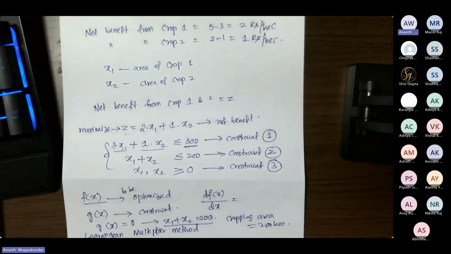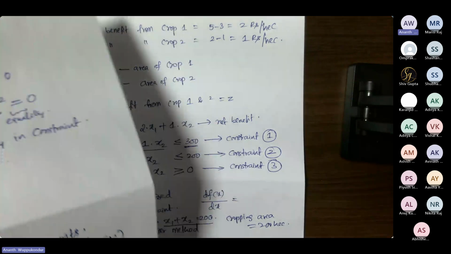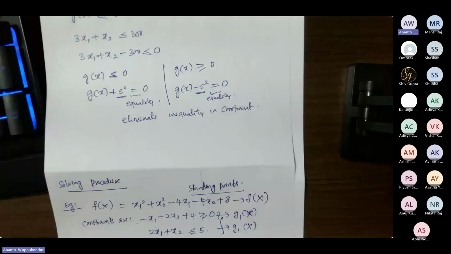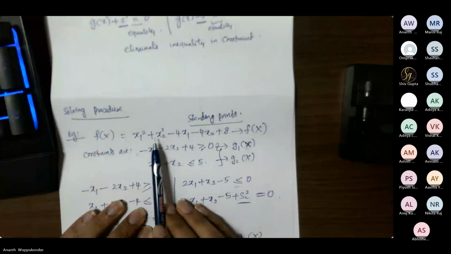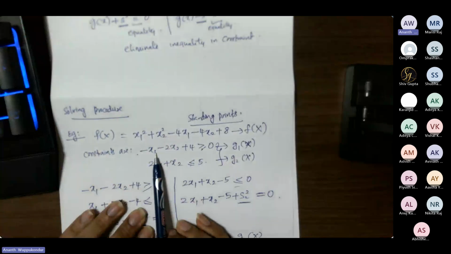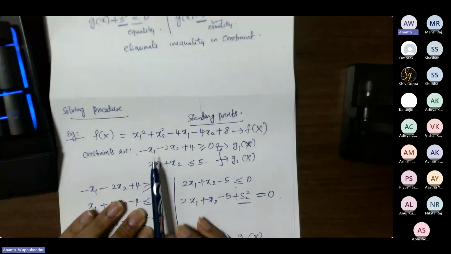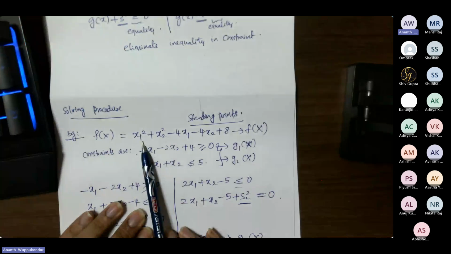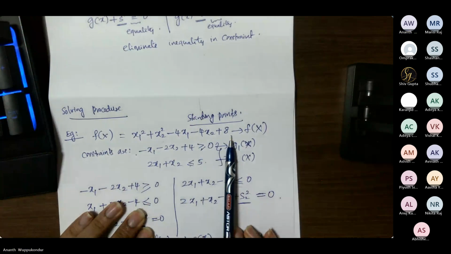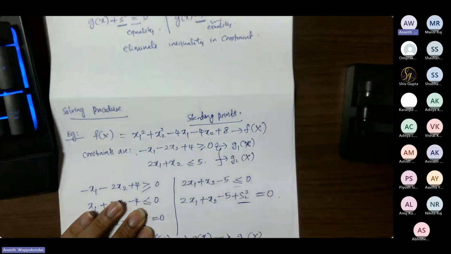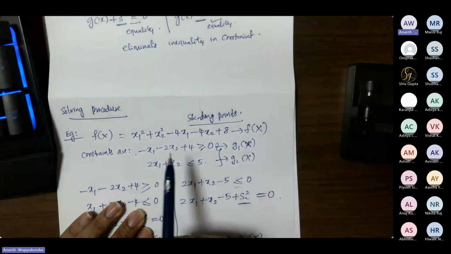We also saw an example of how to optimize a function when we have multiple variables x1 and x2 and multiple constraints. For example, in this example that we saw, the equation is x1 square plus x2 square minus 4x1 minus 4x2 plus 8, which we need to optimize for the two given constraints here, g1 and g2.